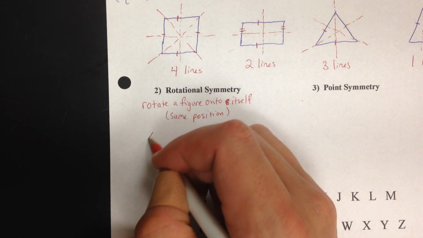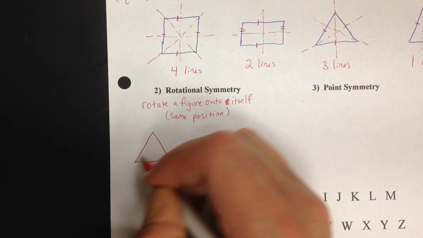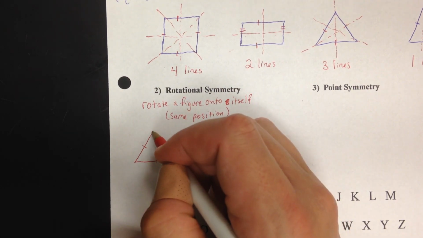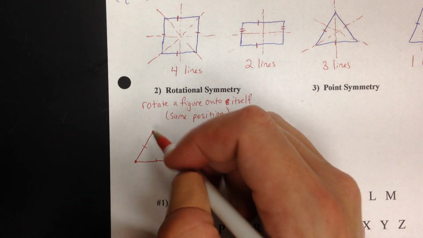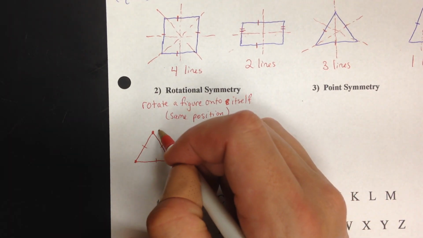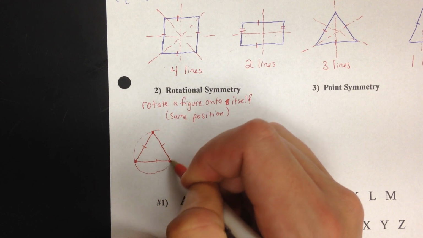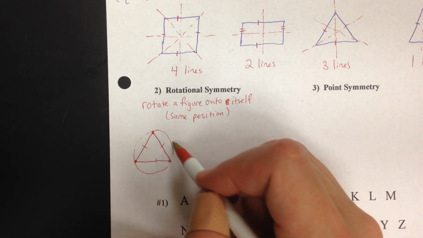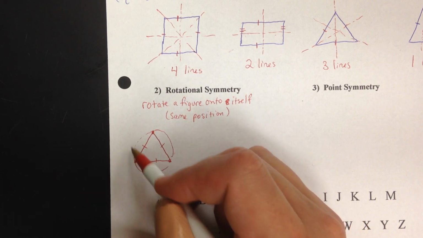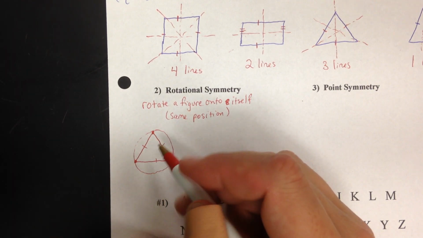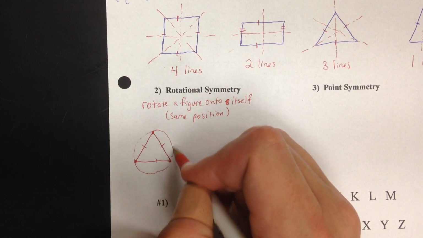If I take an equilateral triangle, here are my 3 points. If I spin this, okay, imagine a circle here. If I spin this, and from each point to the next point is going to be the same amount, there's a total of 360 degrees.